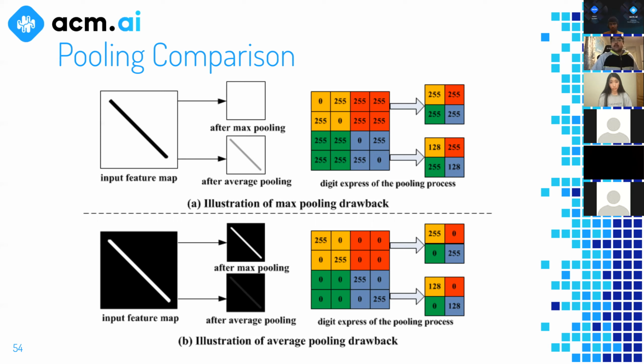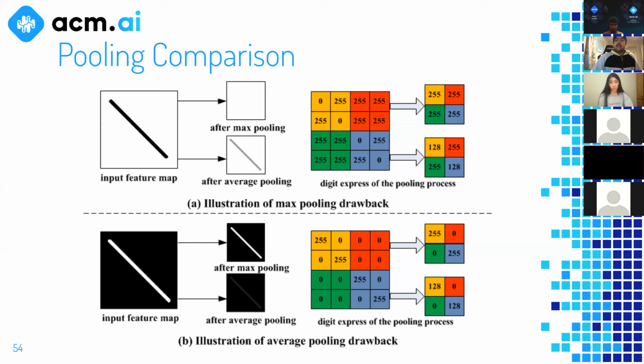If we run through this example here, 0, 255, 255, and 0, we would not get a black line. We would just end up with white, and that could be one of the drawbacks of max pooling. But with average pooling, we have a gray image. It takes the averages and would produce a better recreation of this image.